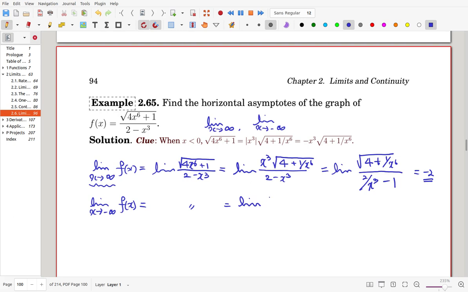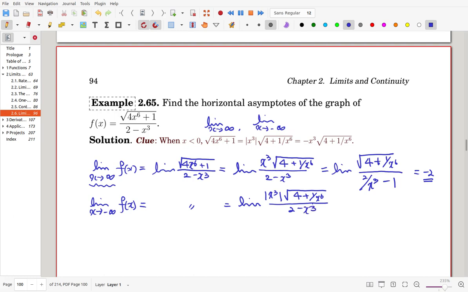Rather than x cubed, you have to put here x cubed in absolute sign, and the square root of 4 plus 1 over x to the 6, divided by 2 minus x cubed.